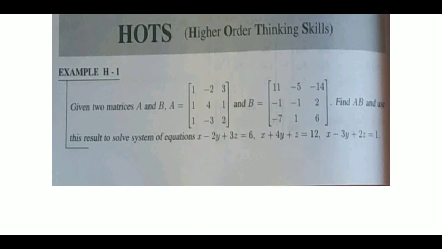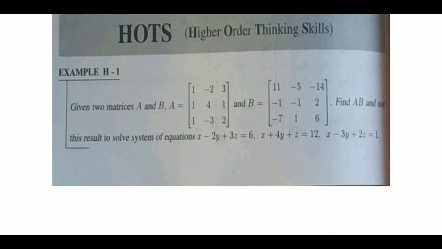Now there is another type of question from your examination point of view. It is asked generally, given that two matrices A and B are there, and you have to find AB, means multiply them, we get AB, and with the help of this result we have to solve this system of linear equations.